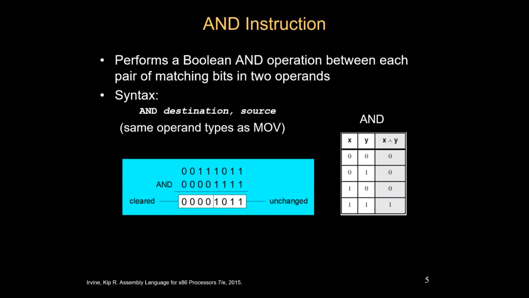If you AND those binary numbers, the first one will be 1, because the rule says if both bits are equal to 1, then the result should be 1, otherwise 0. Even the second one should be 1. This one should be 0 because only one bit is 1.